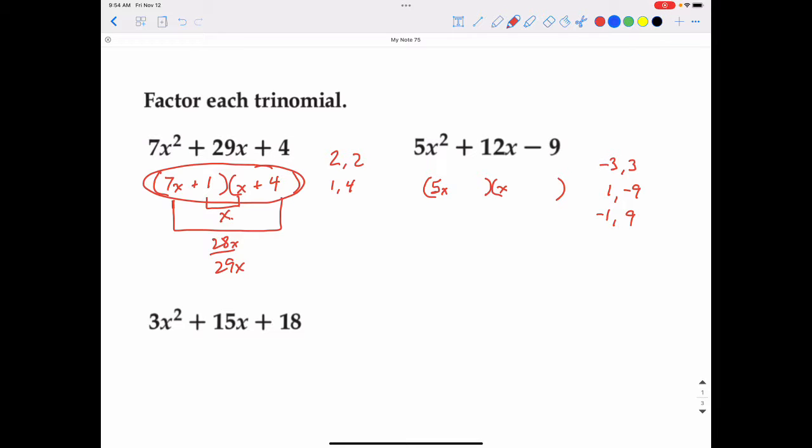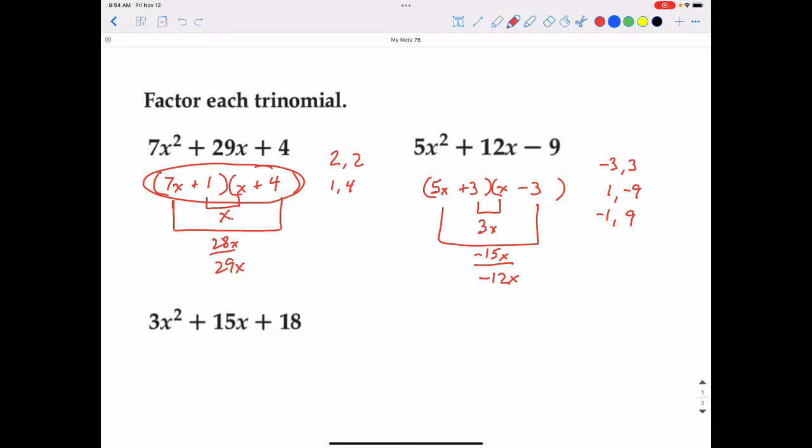And so let's try 3 and -3. So if I put the 3 here, +3 here, and -3 here, my inside terms will be 3x. My outside terms would be -15x, and that adds up to -12x, but I need +12x. So since I got the wrong sign, a quick fix is to switch the signs on the numbers that I plugged in.